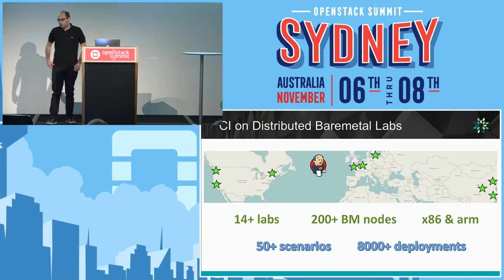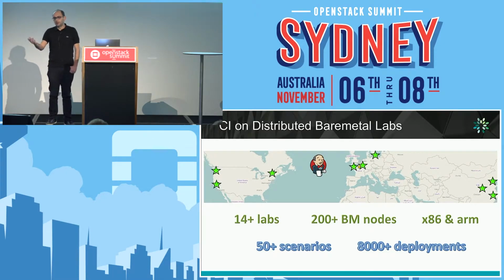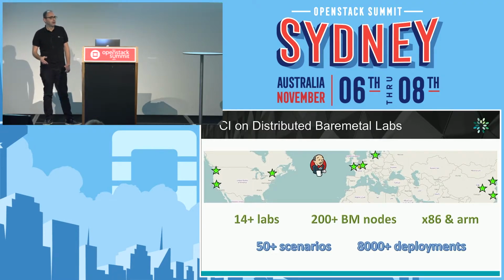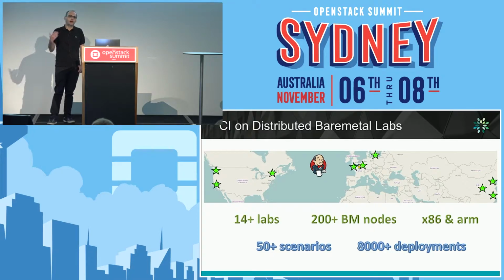So we have 14 labs, and we run different testing activities on these labs. Apart from having this huge number of nodes in these labs, we also have very varied types of hardware. We use 6-node bare metal pods. One of them is a jump host, 3 of them are control nodes, 2 of them are compute nodes.